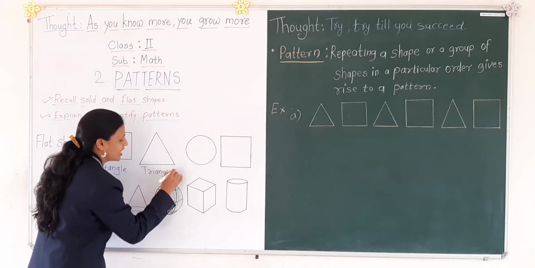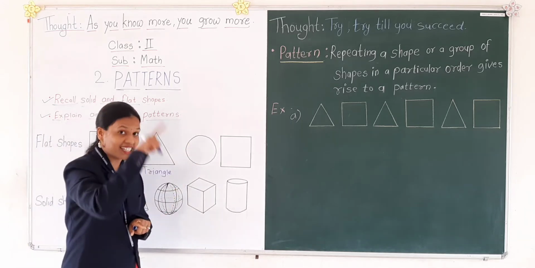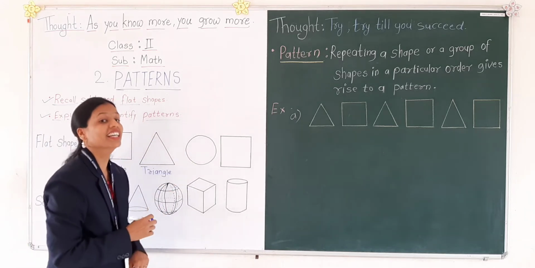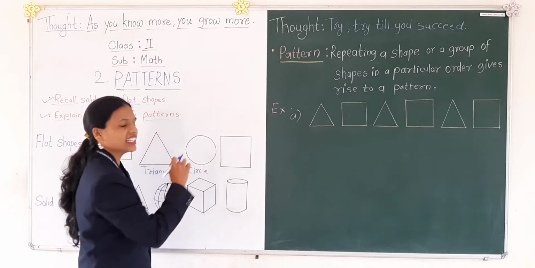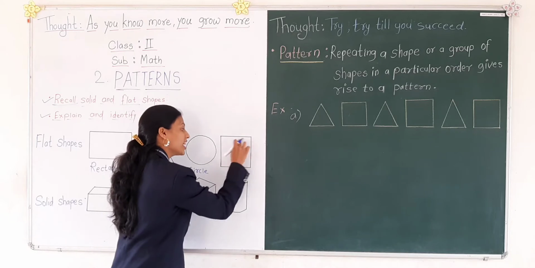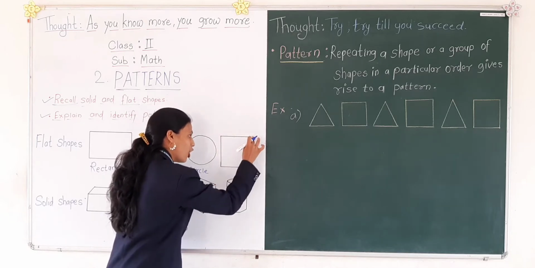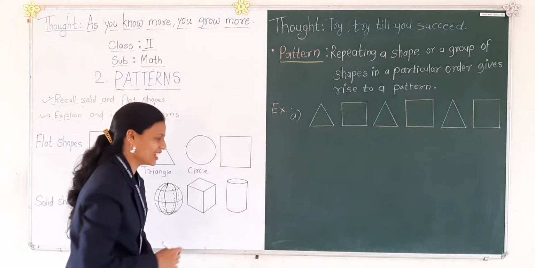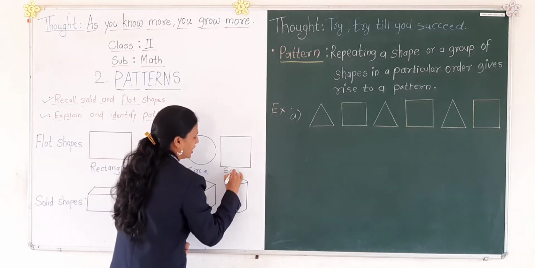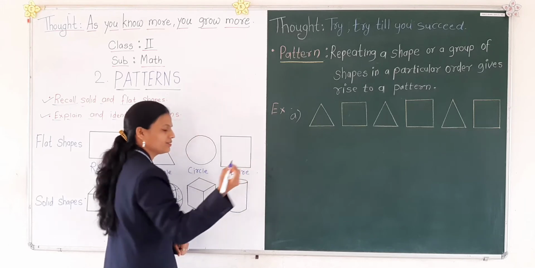You are good ones, friends. Next, what shape is it? Circle shape. Very good. And the last one, 4 sides, 4 corners, all the sides are equal in length. Very good. The name of the shape is square.